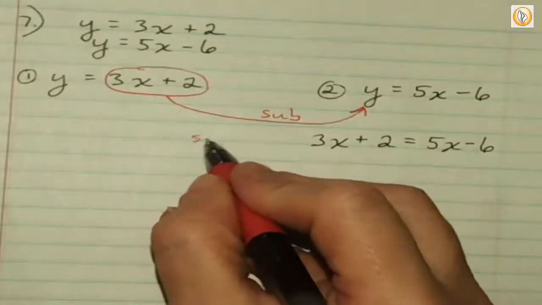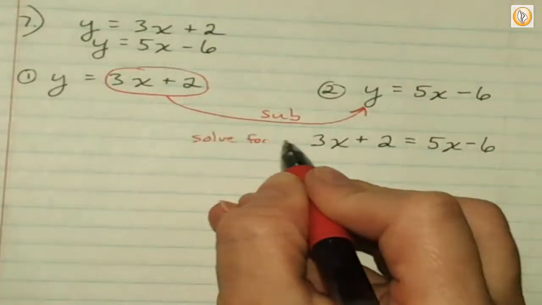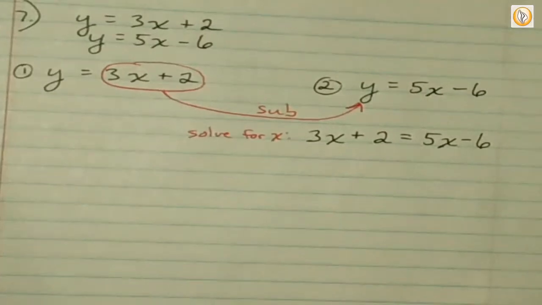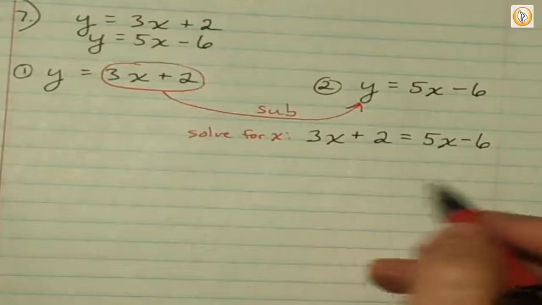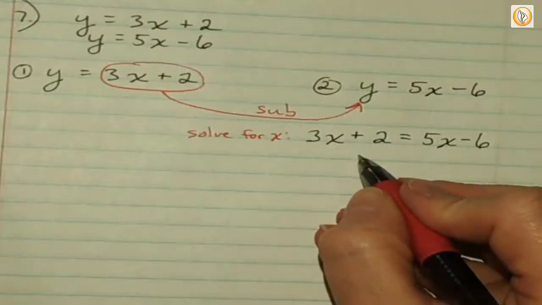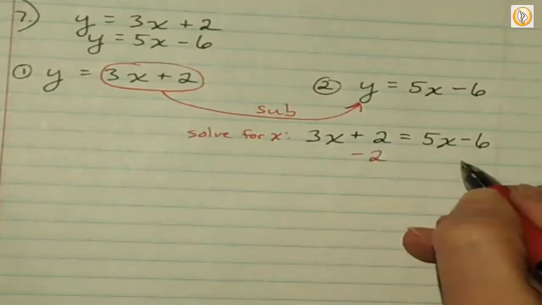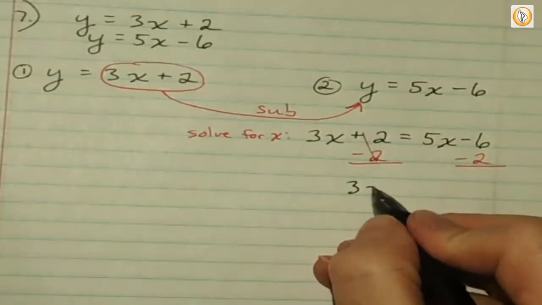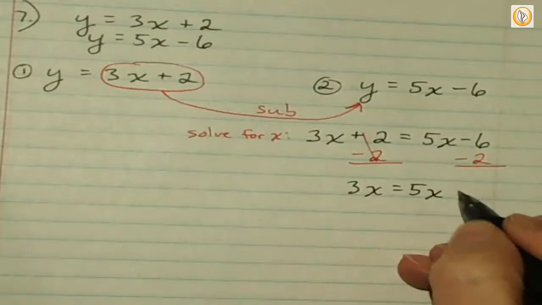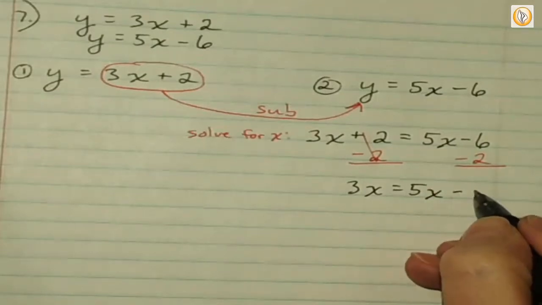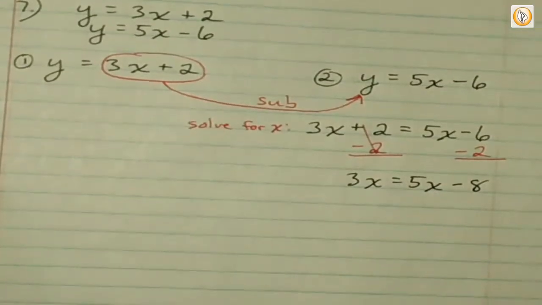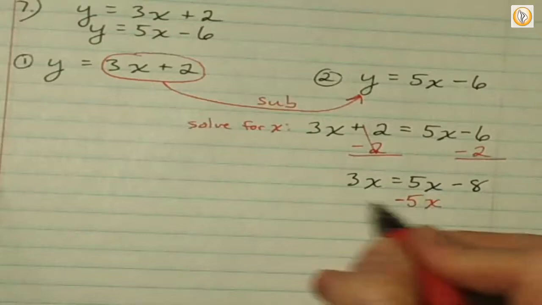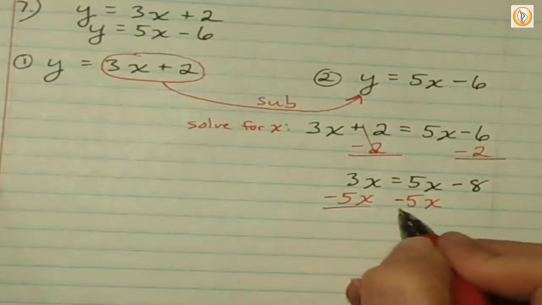So now we solve for x. So Sophia, solve for x. Talk me through it. Very good. And you get 3x equals 5x what? Very good. Now what do I do? So I'm going to subtract 5x on both sides.